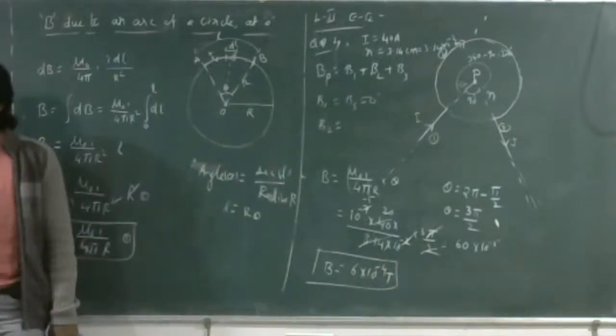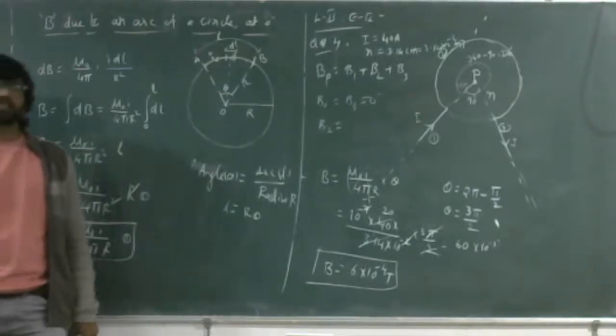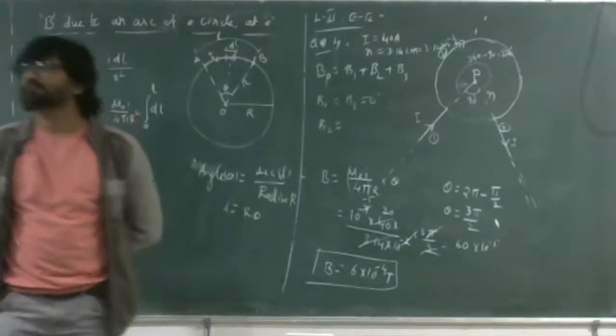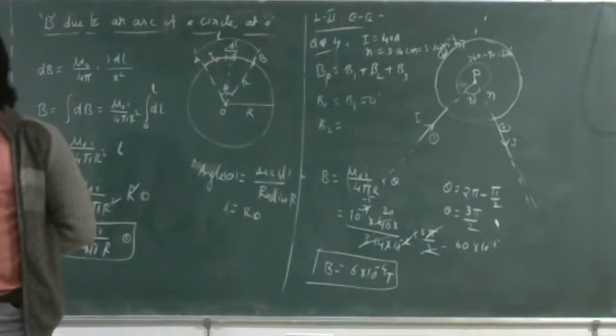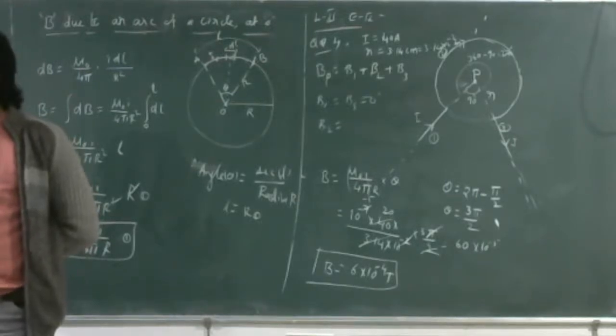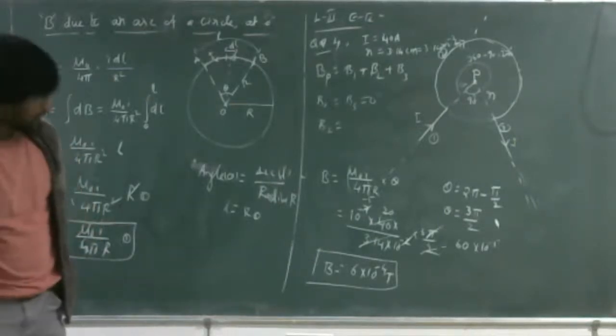Is it clear? Yes. Next one. Any confusion? 4 pi, where?